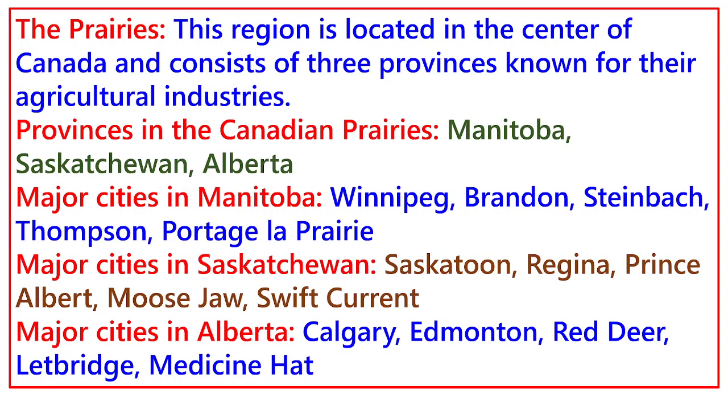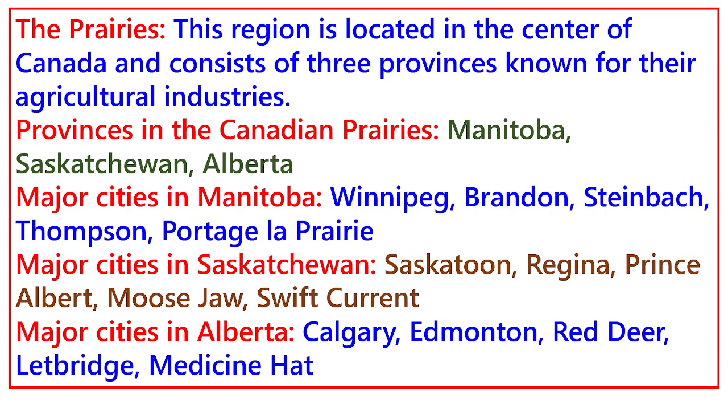The Prairies. This region is located in the center of Canada and consists of 3 provinces known for their agricultural industries. Provinces in the Canadian Prairies: Manitoba, Saskatchewan, Alberta. Major cities in Manitoba: Winnipeg, Brandon, Steinbach, Thompson, Portage la Prairie.